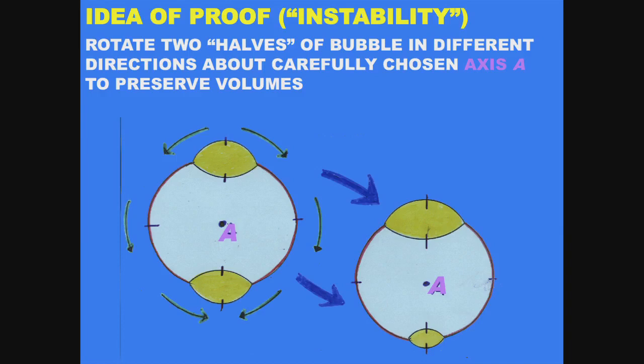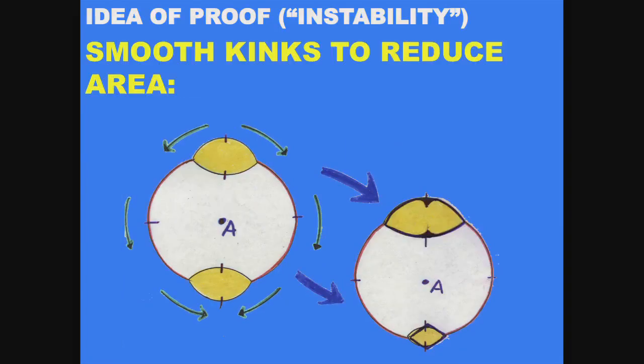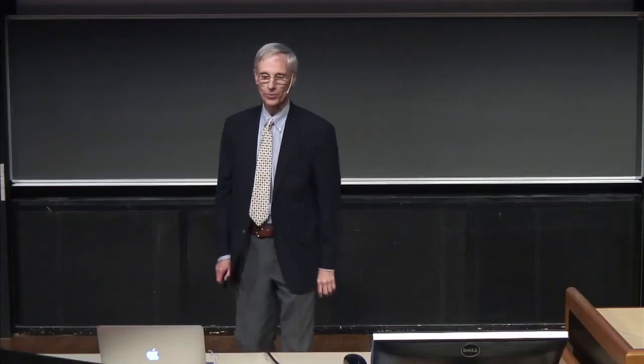Now it gets fatter at the top and skinnier at the bottom, but by symmetry, both volumes are preserved. So you're preserving the volumes, but you develop little kinks at the dividing points at the top and bottom, and those kinks can be smoothed to second order to reduce area. Now it's much trickier when you have many layers, but that's the main instability argument in the proof.